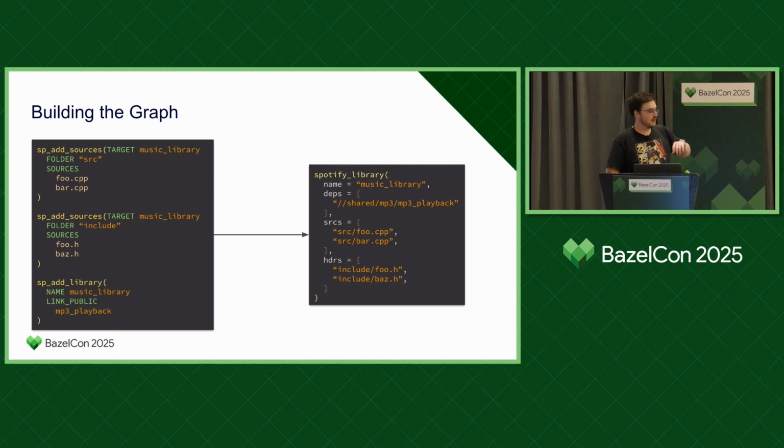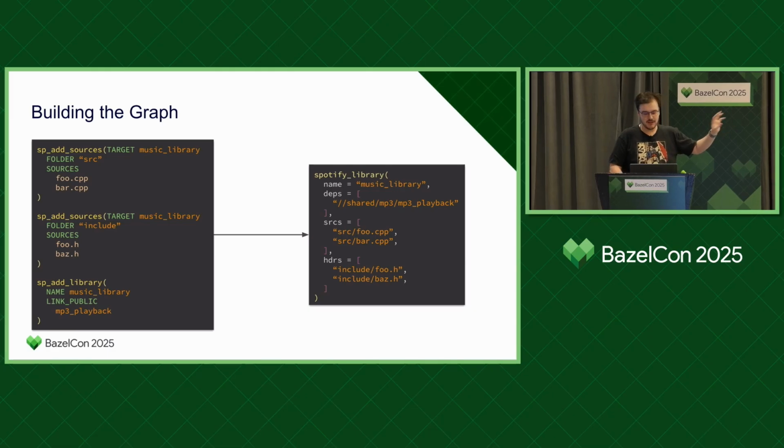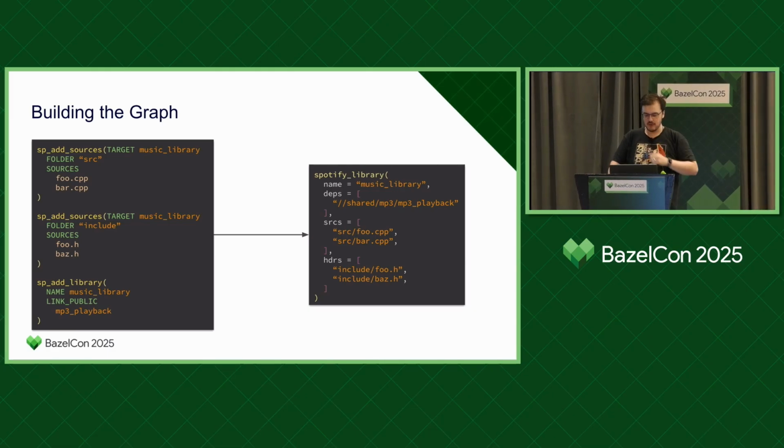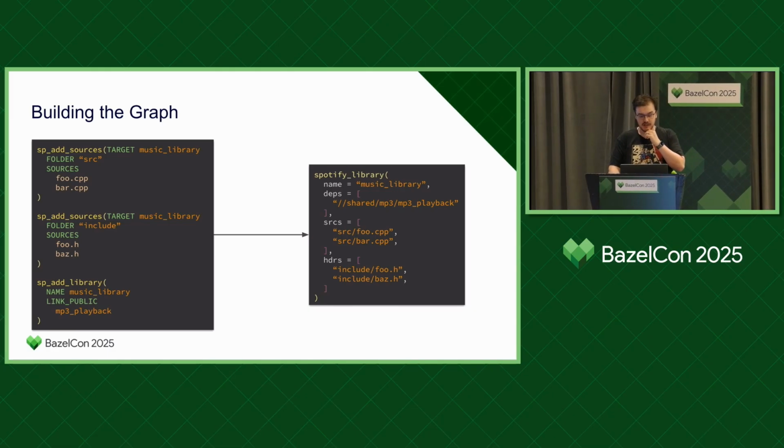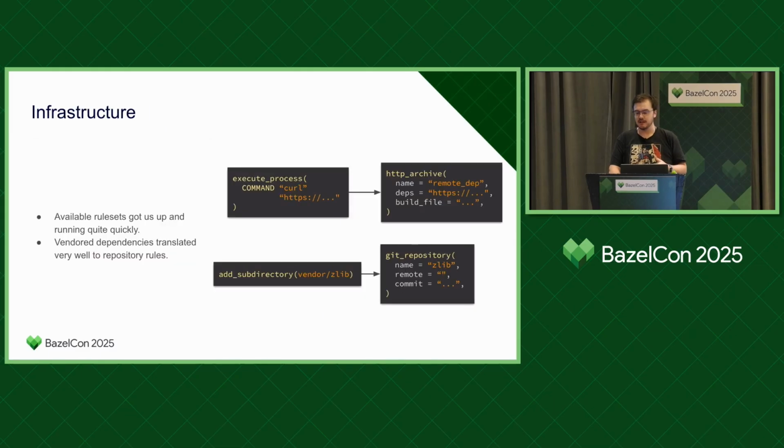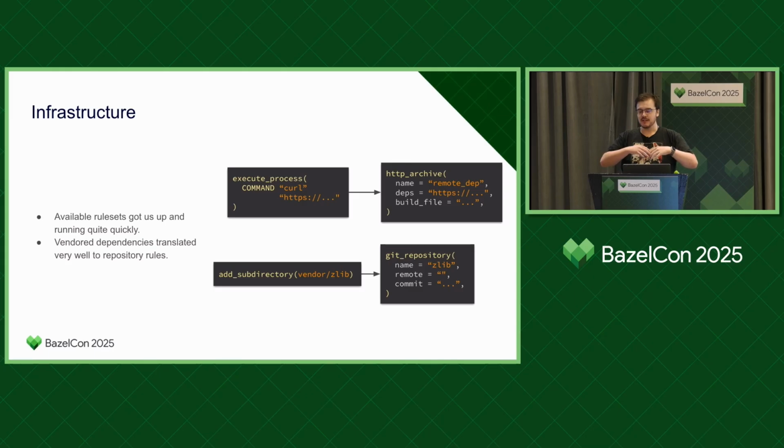And so that really just covers the simpler side of, I say simple, taking these CMake files and translating them into very nice, concise build files that we want to have. But that's really only half the battle, because then we obviously need to have the actual infrastructure to build those targets.